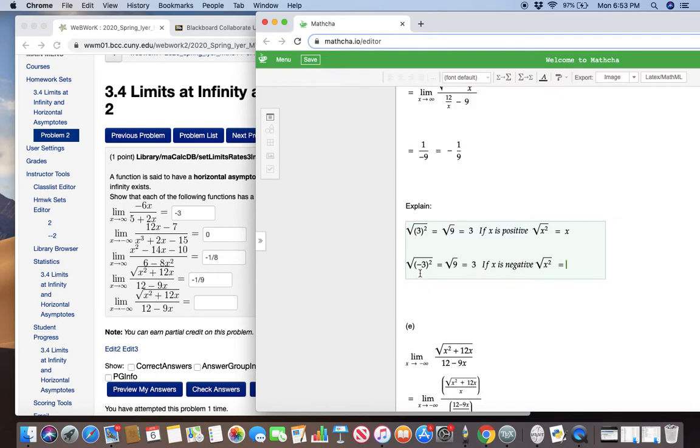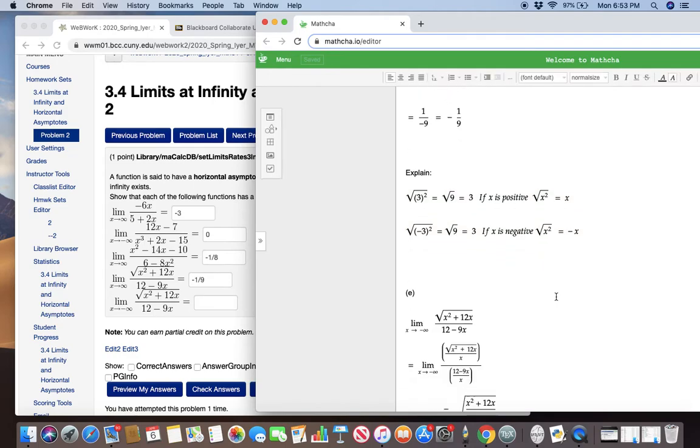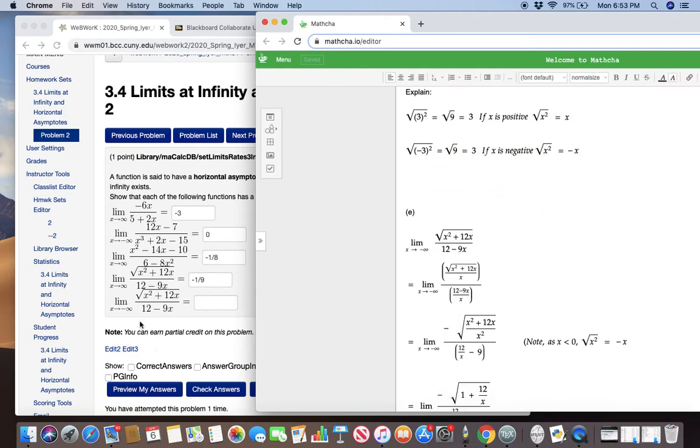In fact, I have to change the sign of the number inside to get my answer. If x is negative, minus x is positive. So when x is negative, I have to take minus x to make that positive. Keep this in mind while we go through negative infinity limits.